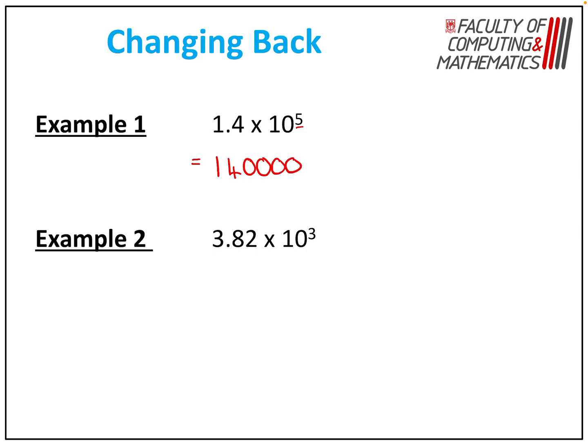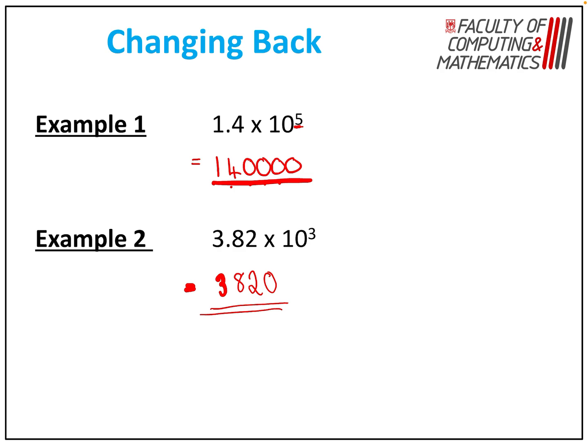A wee tip there is that if you have a power of 5, then you should end up with 5 digits behind where the decimal point had been. Okay, and the same with the second example here then. If I move the decimal point back, I will end up with 3820.